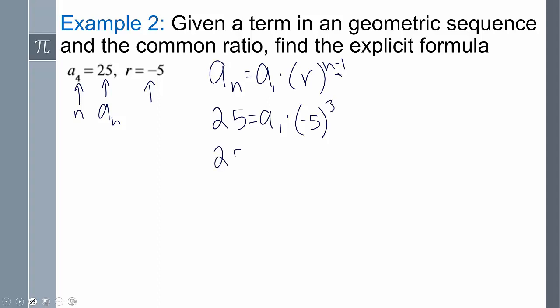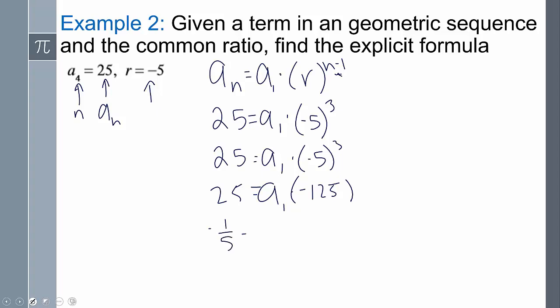So we're going to have 25 equals a sub 1 times negative 5 to the third. Well, that's going to be negative 125. So then 25 divided by negative 125, that's going to give me negative 1/5. And that's going to be my a sub 1.